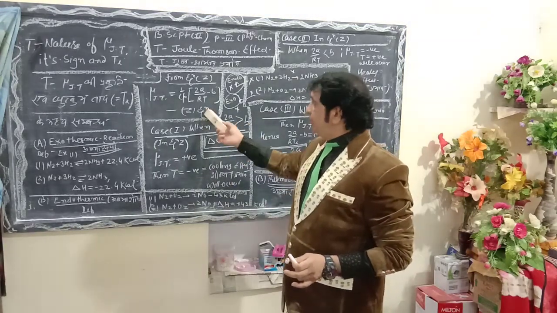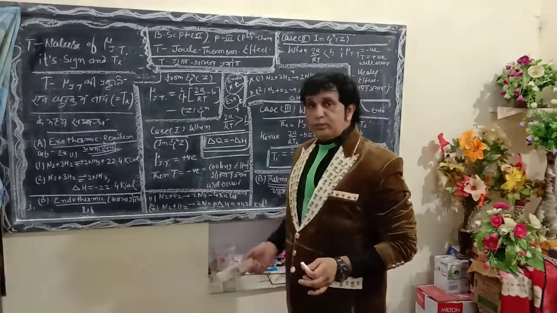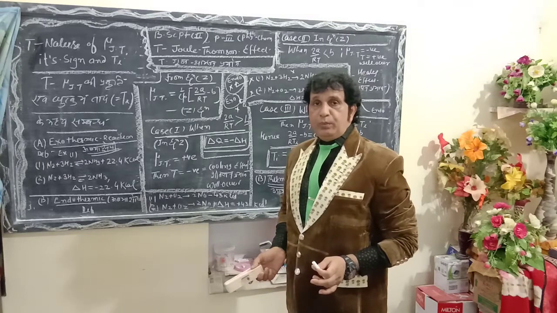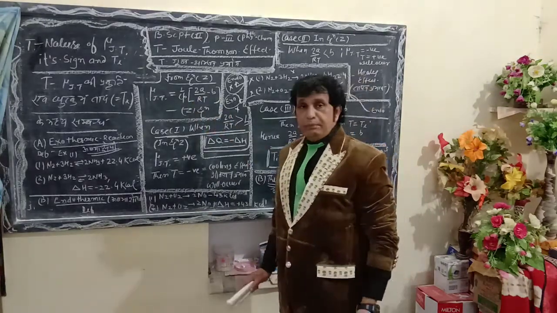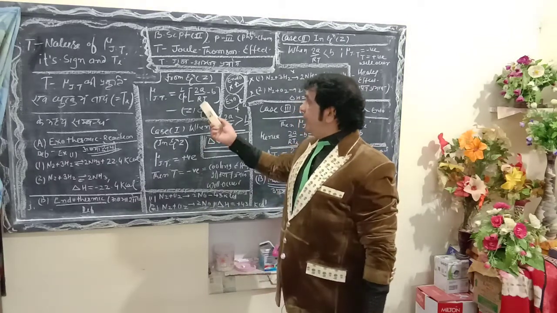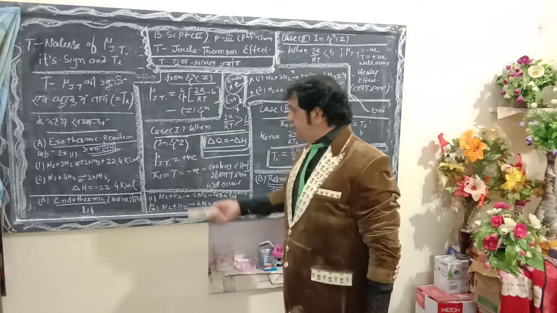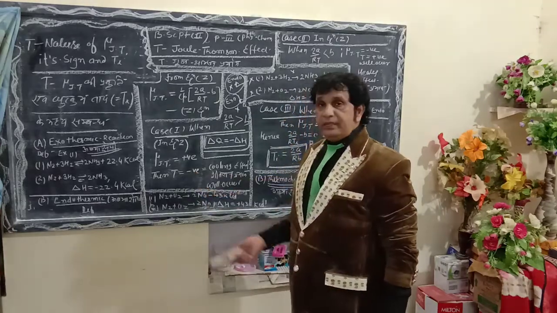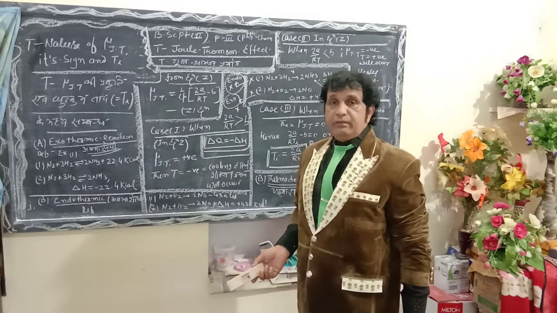It is evident from this Z equation that mu-J-T will be positive. But T is present here in a reciprocal manner, so temperature will show as a negative quantity.